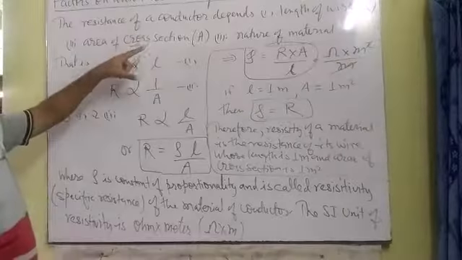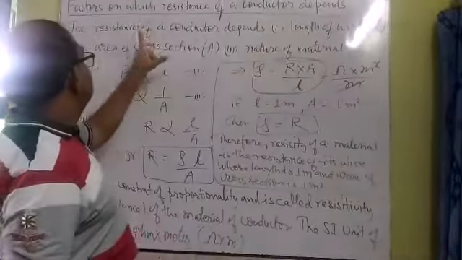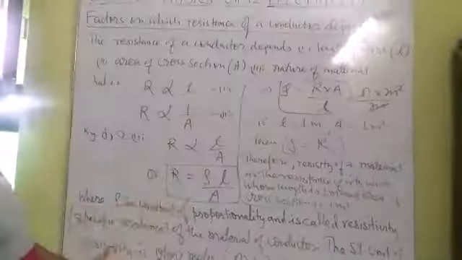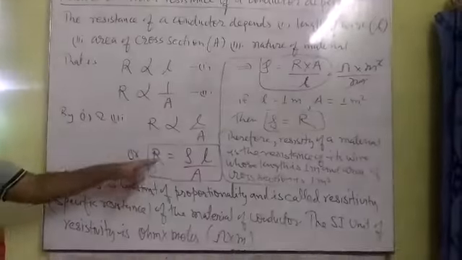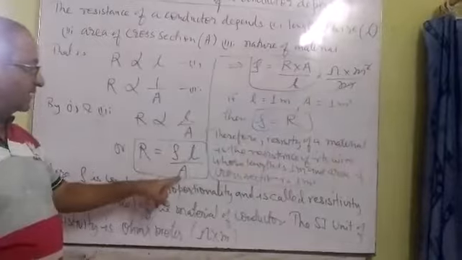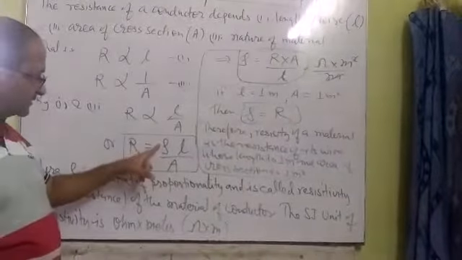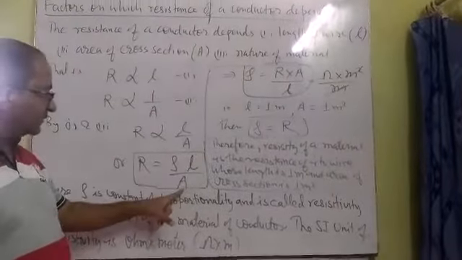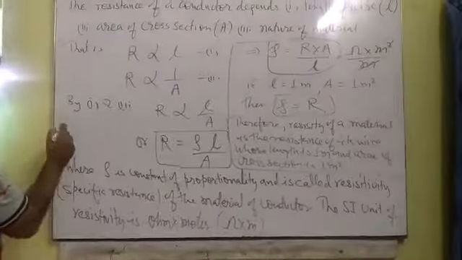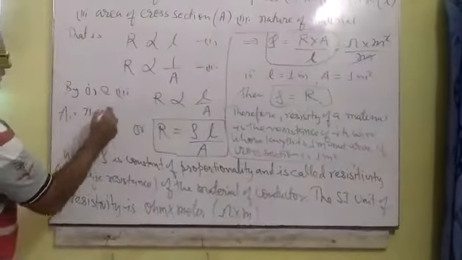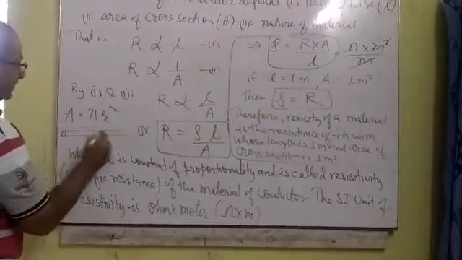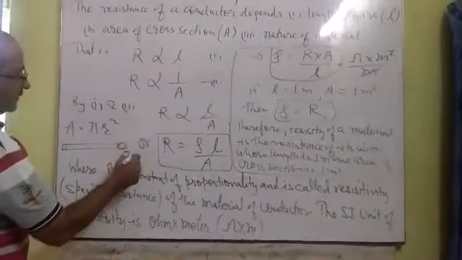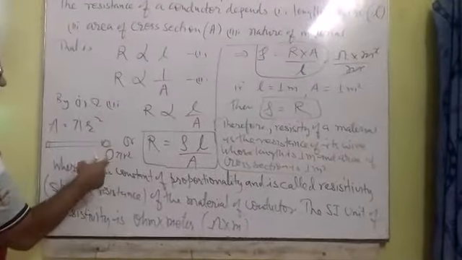But the resistance depends on the length of the wire, the area of cross section and the nature of the material, and obviously the temperature also. So resistance can be found with the help of R is equal to rho L by A, where rho, the specific resistance or resistivity of the material, will be given to you, and the length of the wire will be given to you. The area of cross section can also be calculated by the formula pi r square, because generally all connection wires are cylindrical, and the cross section of a cylinder is a circle.